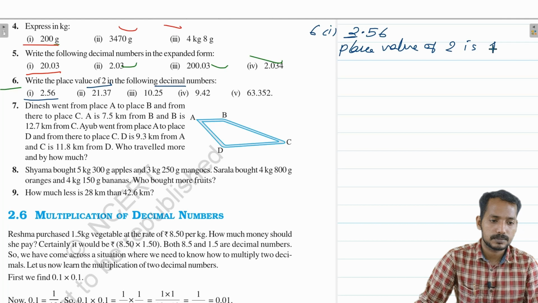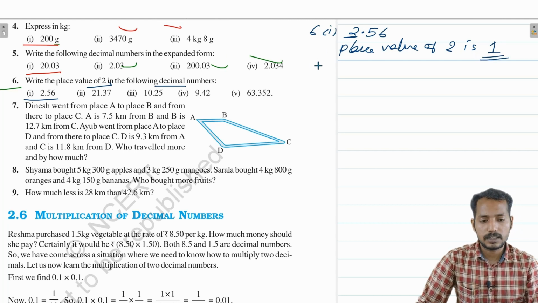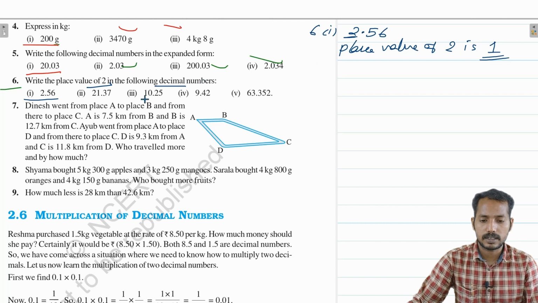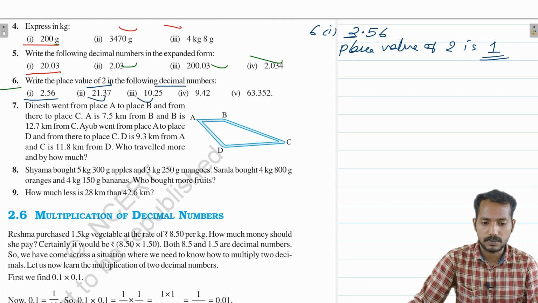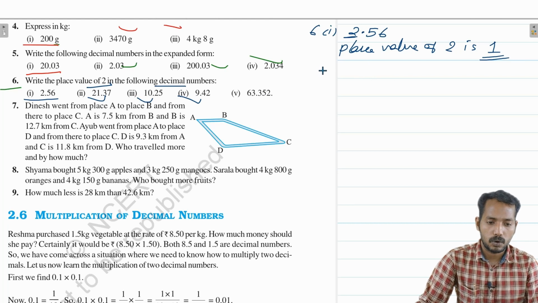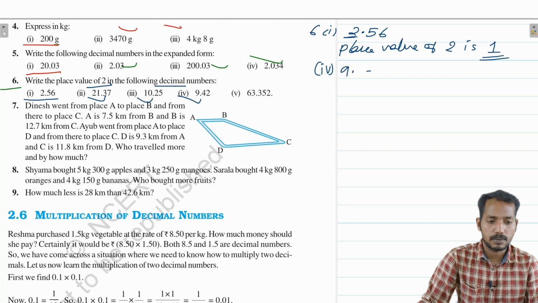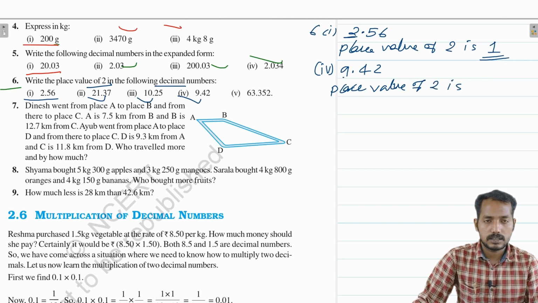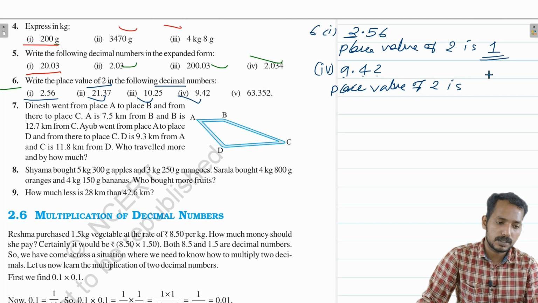Now the second and third options I am giving to you. I am taking this fourth one, option number 4: 9.42. So the place value of 2 here, this is one's place, then 10th place and 100th place. That means 1 by 100. Very simple.